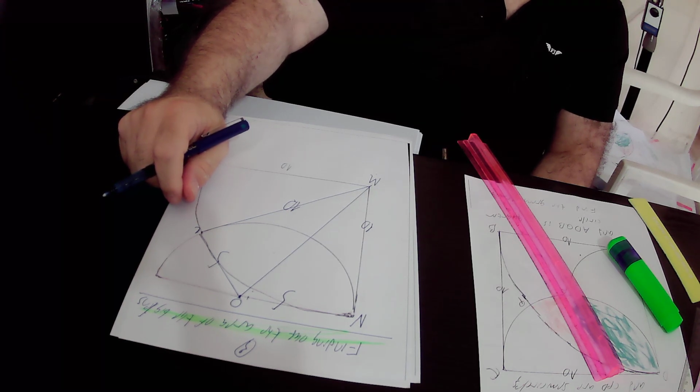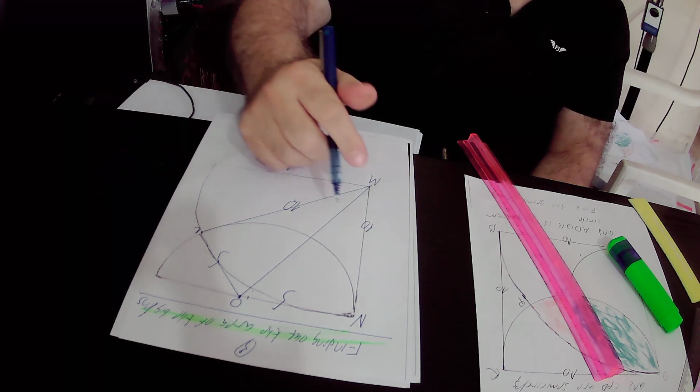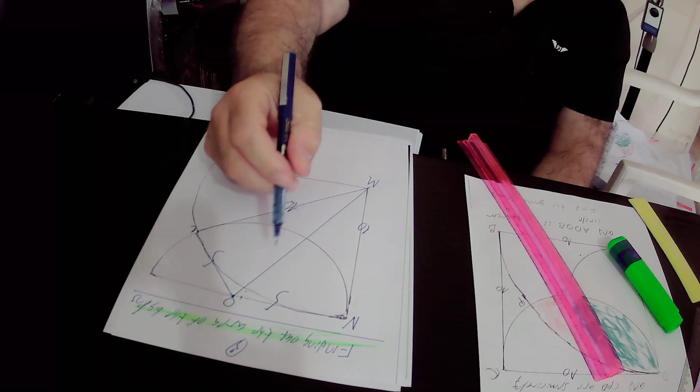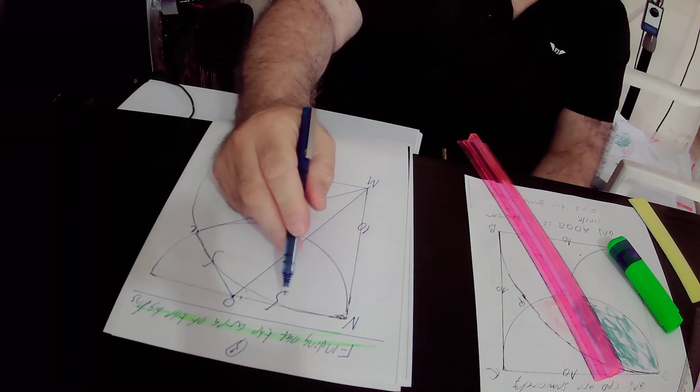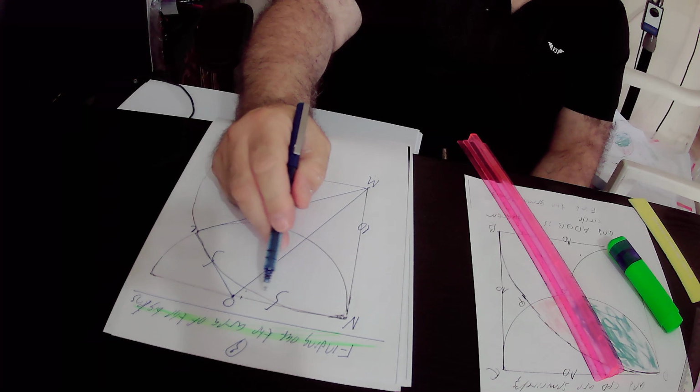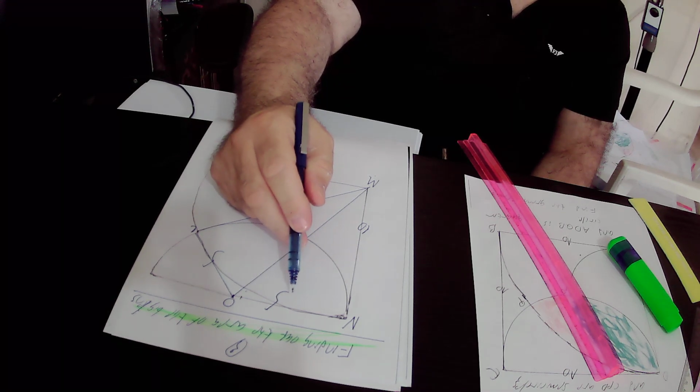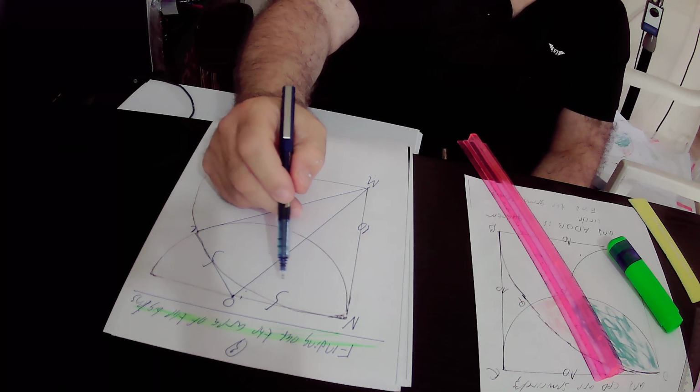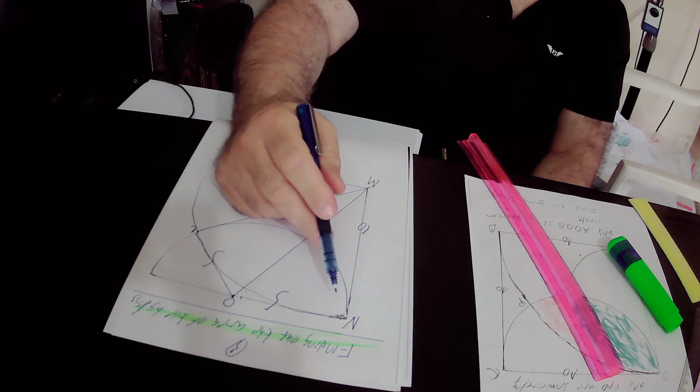So here the radius NO of the semicircle is tangent to this quarter circle.